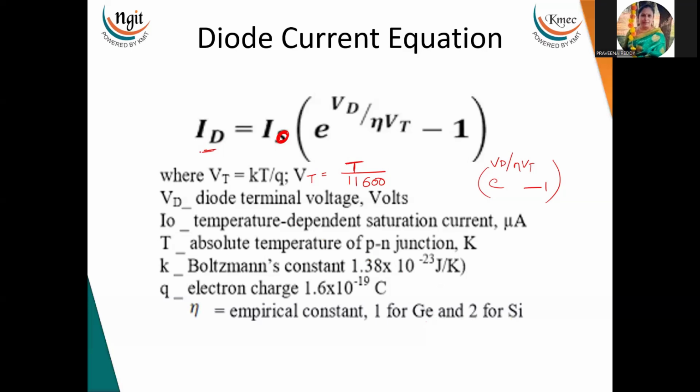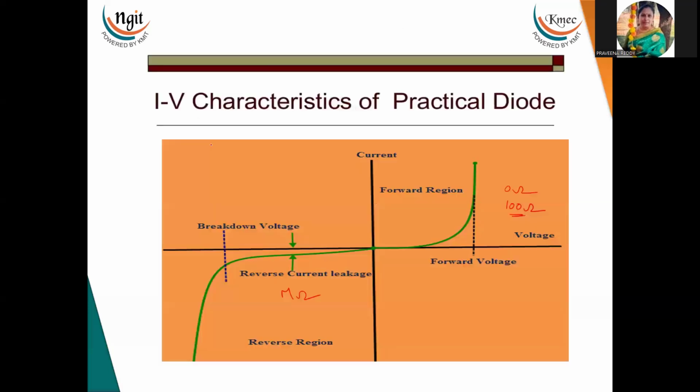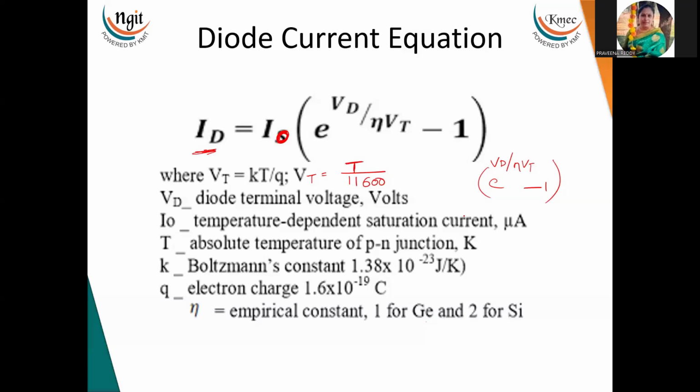And ID is the diode current or current flowing through the diode. This is the diode current equation. Now whatever the diode voltage, if you substitute for that, the corresponding current value can be calculated by using this diode current equation.